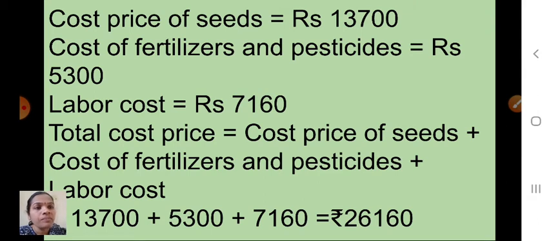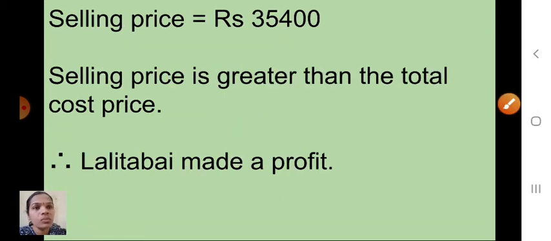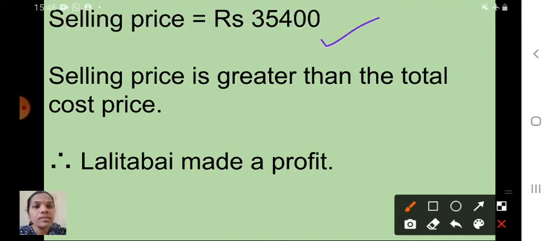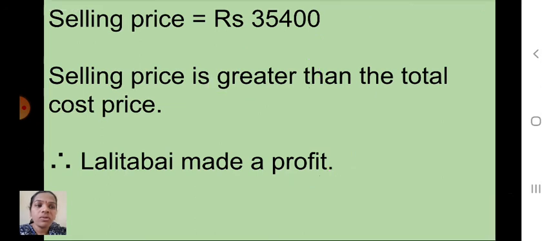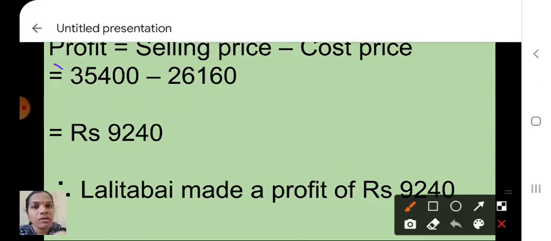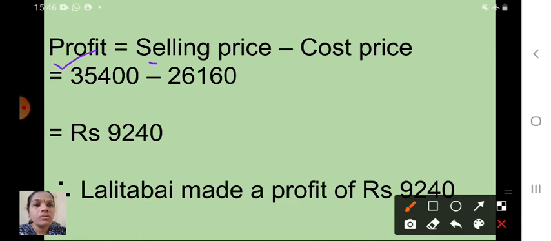See here children. So now selling price is what? 35,400. So selling price is greater than the cost price. So she made what? A profit. How much profit we have to find? For that we have to subtract. So what is the formula of profit? Profit is equal to selling price minus cost price.